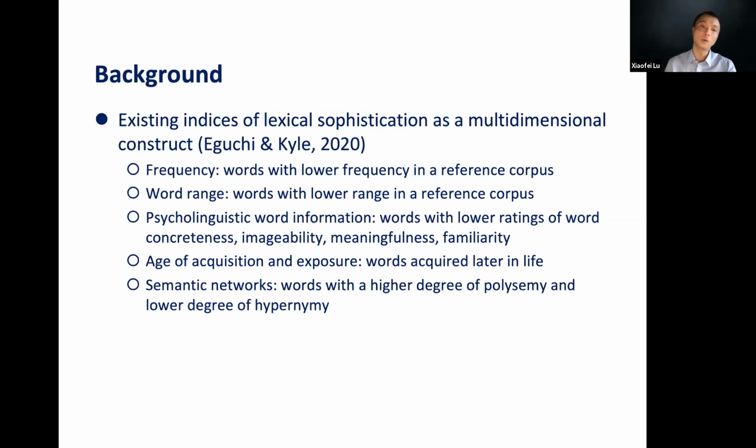Even though people used WordNet, at least in indices of lexical sophistication research, people were not trying to perform sense disambiguation. They were just trying to see, do we have a polysemous word or not, and also where is it in this hyponymy hierarchy? That kind of information.